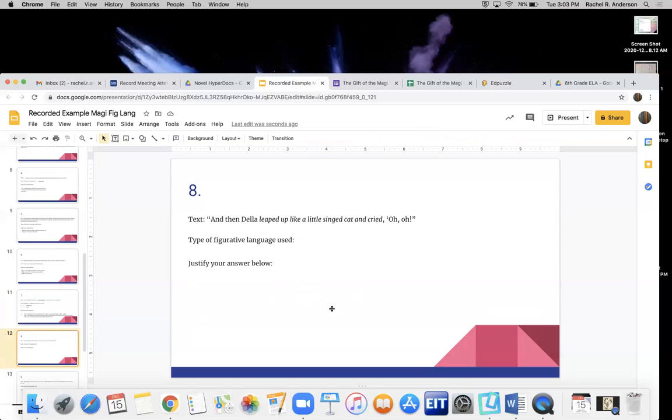The text says, and then Della leaped up like a singed cat and cried, oh, oh. The type of figurative language here, we need to look at the italicized font. So it says leaped up like a singed cat and cried. So because we're talking about Della being compared to a cat here, right?